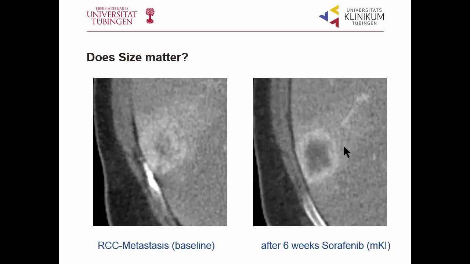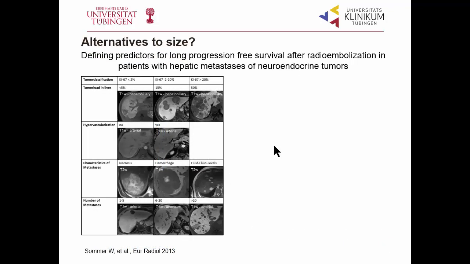We can see that there's clearly something happening in the tumor. We see less enhancement, but if we just measure the size, it's completely the same. We would say that this would be stable disease, but we can clearly see that there's response towards the administered drug.